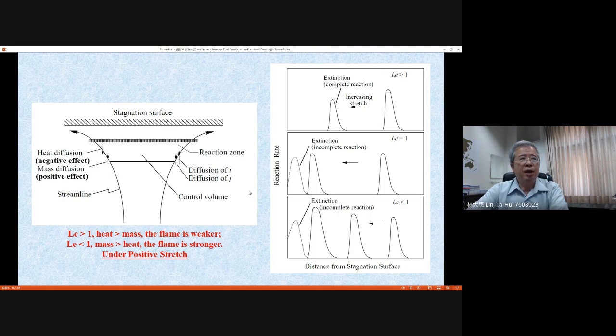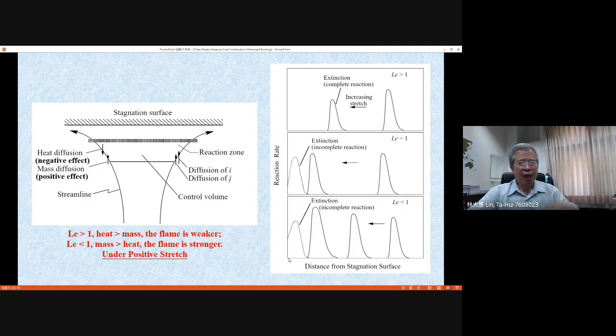The second reason for the stagnation point flow is heat loss. Both influences will lead to the extinction condition. But for the opposed flow, incomplete reaction is the only reason.